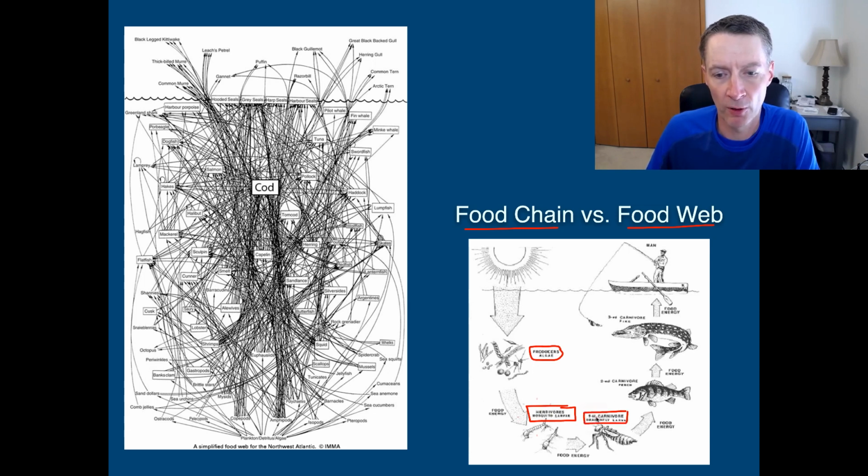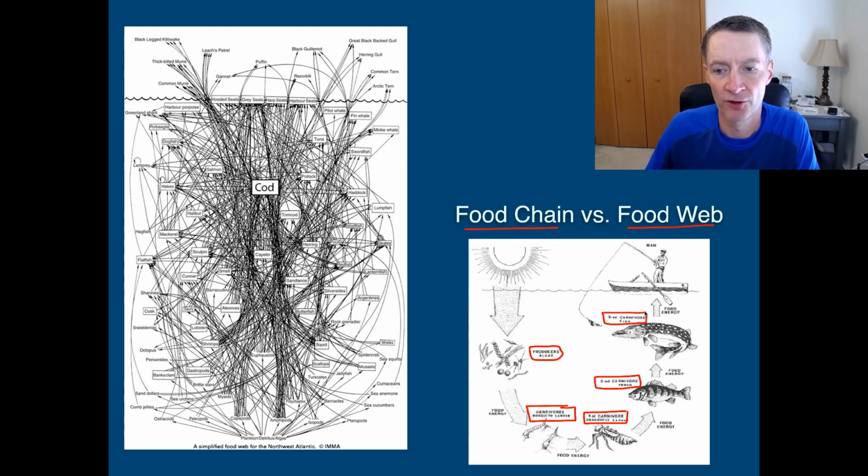Now, an herbivore and a carnivore would both be consumers, right? But the herbivore would be more on the level of a primary consumer, secondary consumer for the carnivores and every carnivore that exists above that.